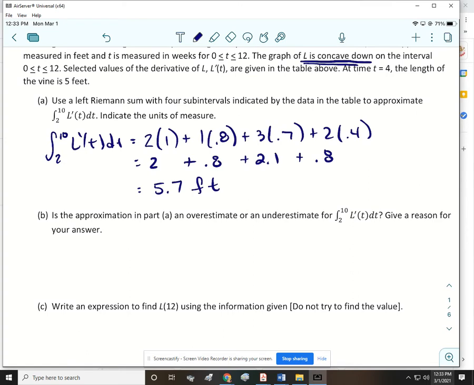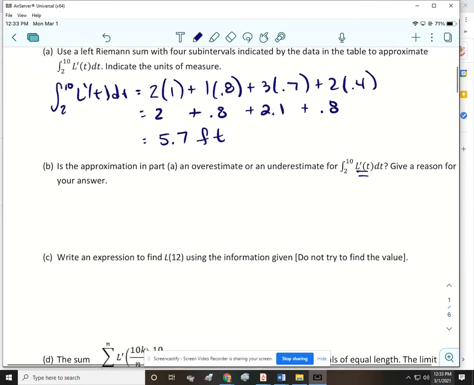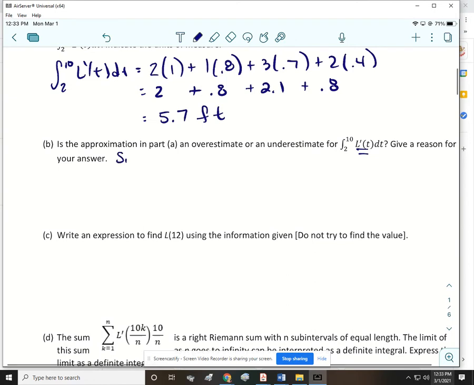Okay, so the graph of L is concave down. So does that mean L prime? Because this function is L prime. What does that mean about the function? Decreasing. So since L is concave down, and I'm just going to give the interval from 0 to 12.